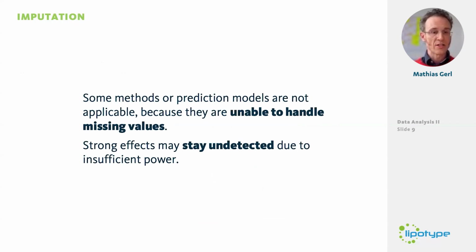some methods need the missing values to be imputed, because they can't handle missing values themselves. The one that usually comes to mind is principal component analysis. You could also argue that in some cases, strong effects go undetected because you don't have sufficient power.